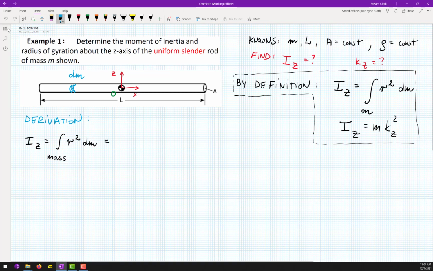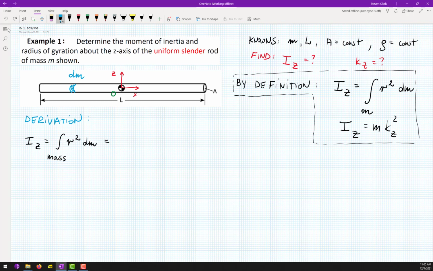What do we have in here? We have our beam, which is uniform cylinder rod, and we know its mass, we know its length, M and L respectively, and since it's uniform and cylinder rod, we know that cross section is constant and also density is constant.